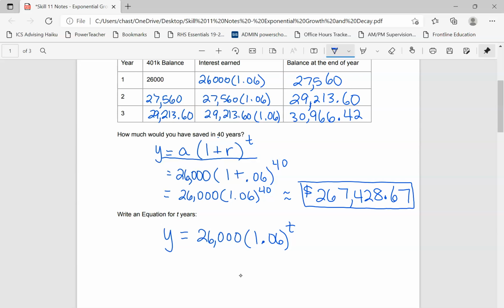Now I have to stress this while I'm thinking about it. I'm going to get on a soapbox for a second. This amount, this $267,000 or whatever, is assuming you don't add money to your 401k. You should add money to your 401k each year so that number continues to grow. Furthermore, if you find yourself in a financial hardship, please, please, please don't borrow from this 401k.